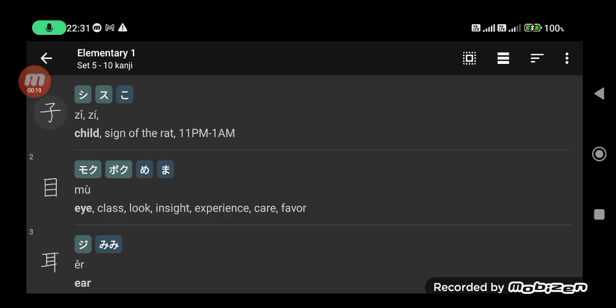For today, this time around, I'm going to introduce to you this kanji indicated right here.